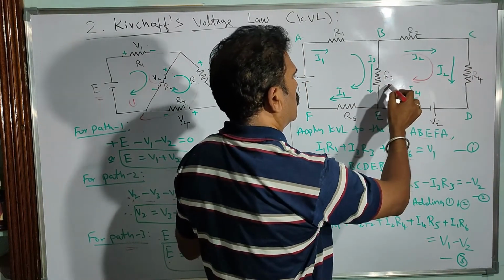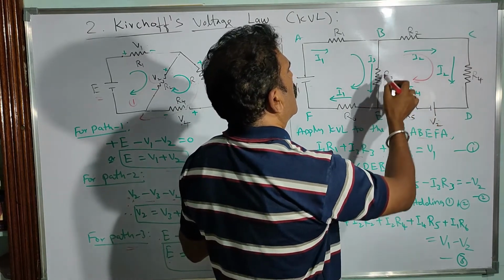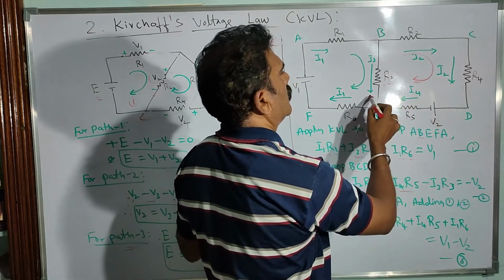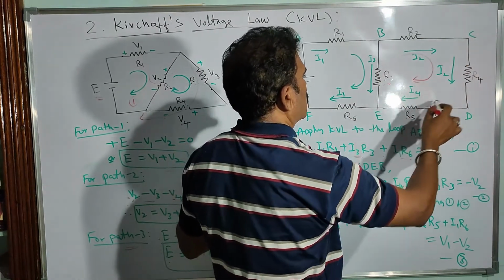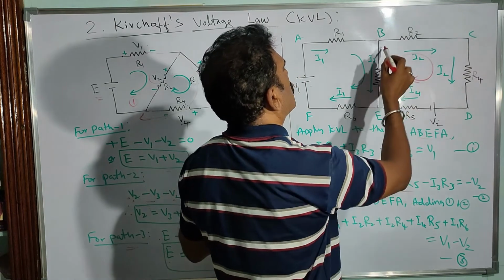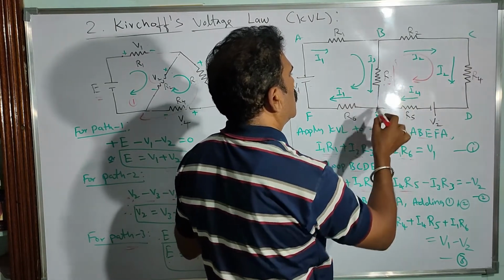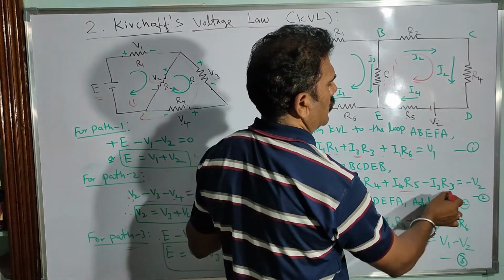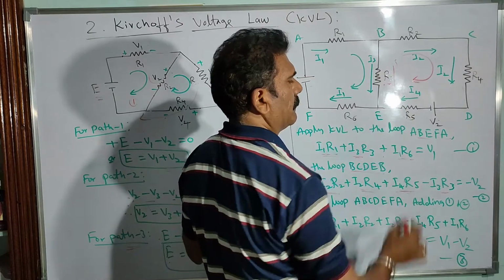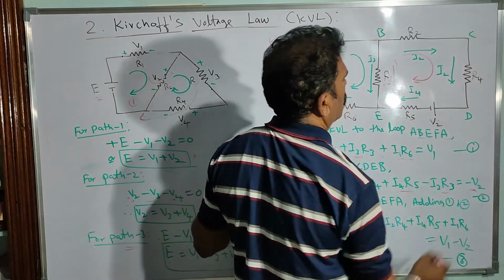The resistor is R3, but this direction is opposite to the direction of I3. So when you complete the loop, all these are in the same direction, whereas when you go in the opposite direction, it is conventionally opposite to the current I3. So it should be a negative sign: minus I3 into R3, equal to minus V2.